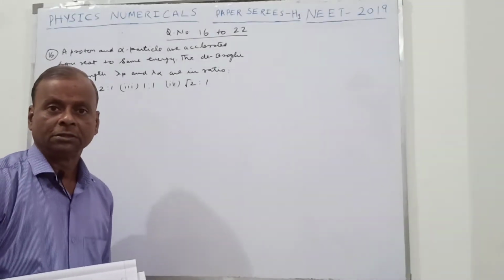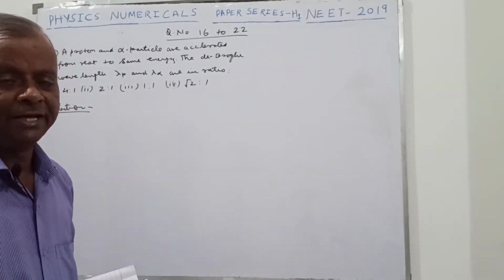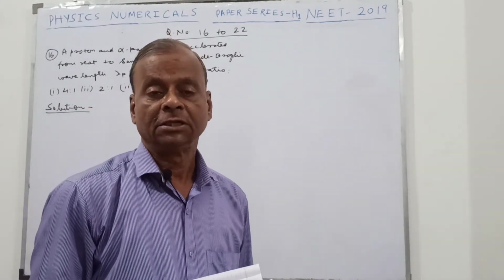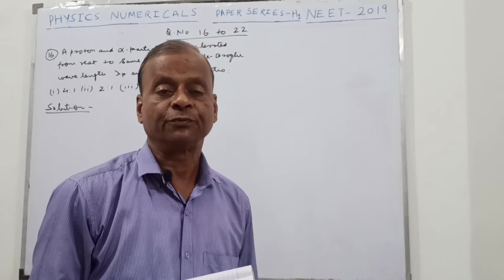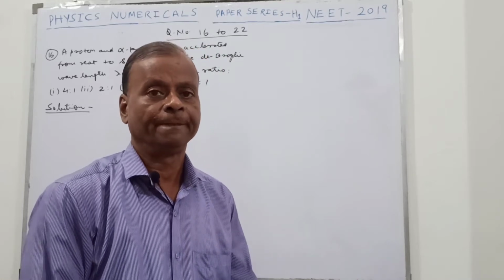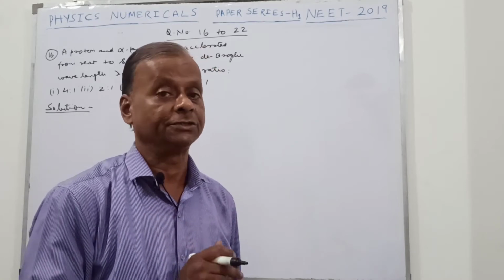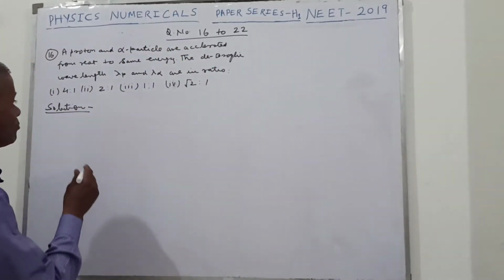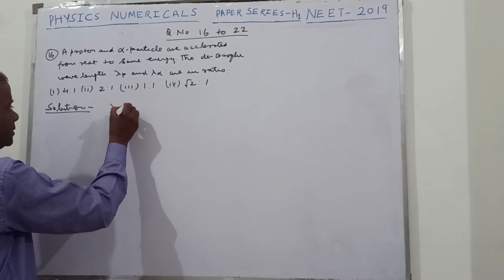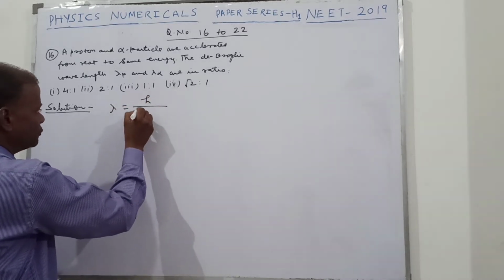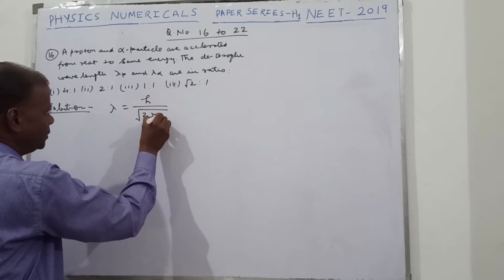Now in this question you are asked the de Broglie wavelength of proton and the alpha particle. As we read this question, it should immediately come to mind that the mass of the alpha particle is 4 times the mass of the proton, and this is also given that they are accelerated to the same energy. So lambda equal to h upon square root of 2mE.